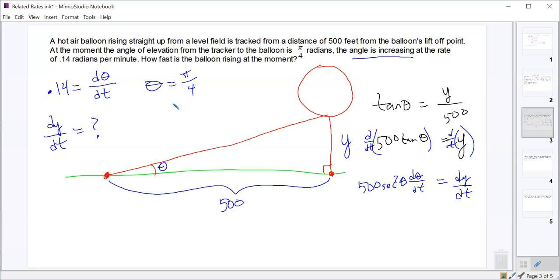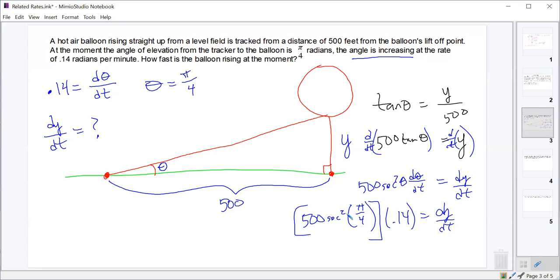And so all we have to do is plug in our theta value that we are interested in, and d theta dt at that exact moment, and that should give us our dy dt. So we should have 500 secant squared pi over 4 times 0.14 equals dy dt. And what does that give us?